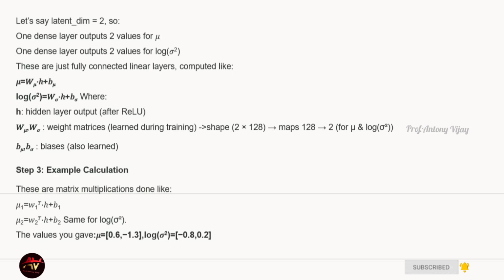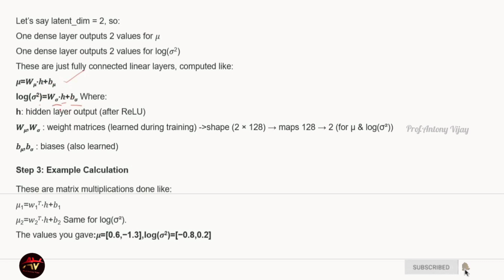Both of them will produce two values, and the formula for mu is W mu times H plus B mu, and the same formula applies for log sigma square. Here, instead of W mu we use W sigma, and H plus B sigma. H is the hidden layer output, that is, after ReLU.